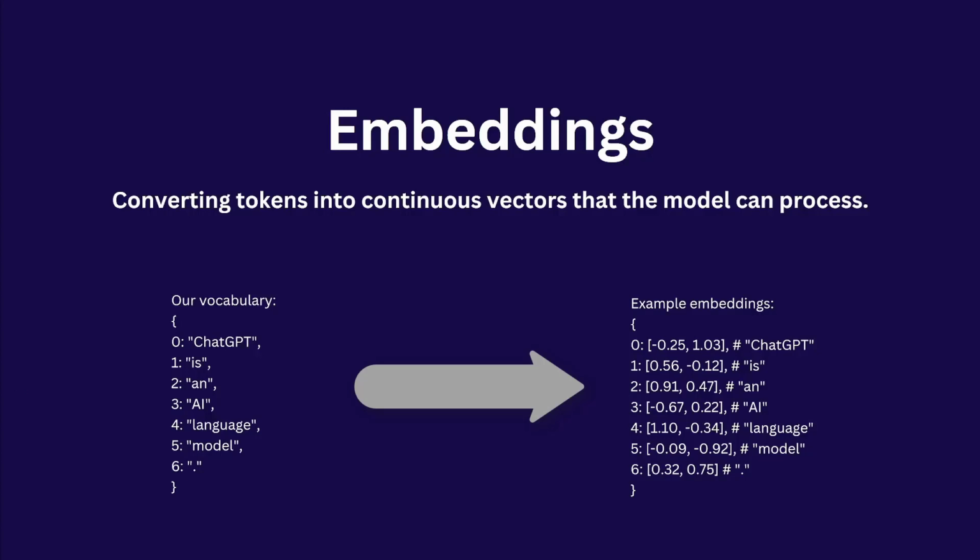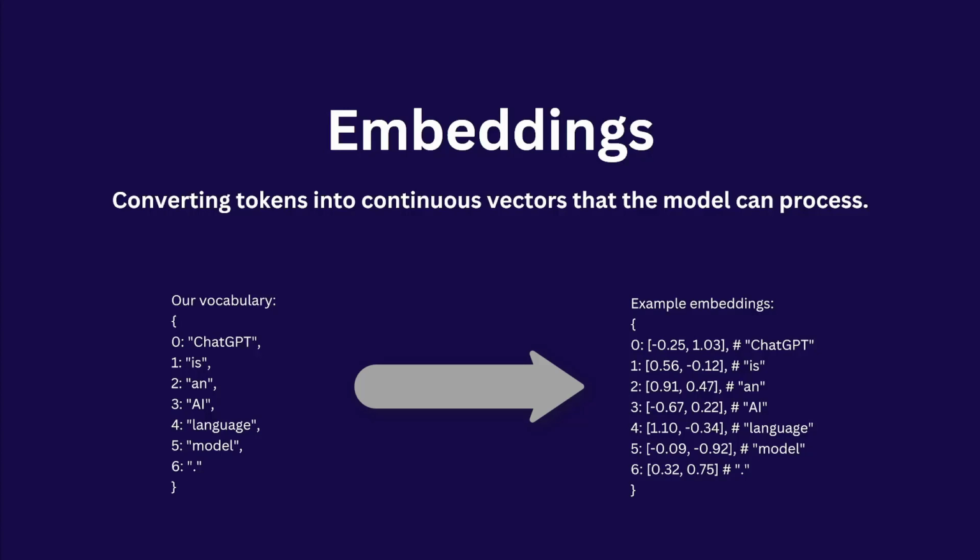The third is embeddings. Embeddings are used to convert tokens into continuous vectors that the model can process. So the goal is to convert all these tokens to vectors, continuous vectors, numbers that the model can process.